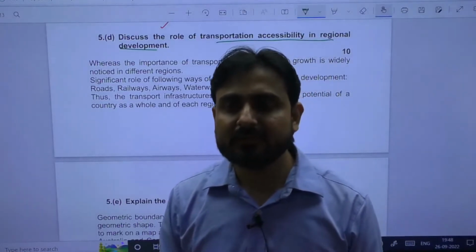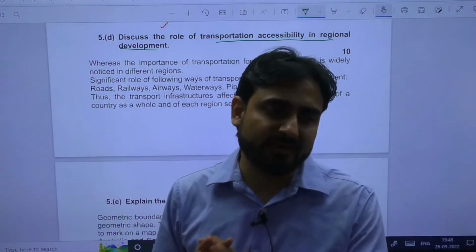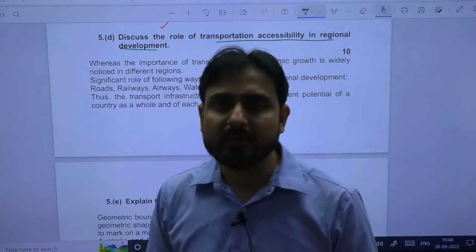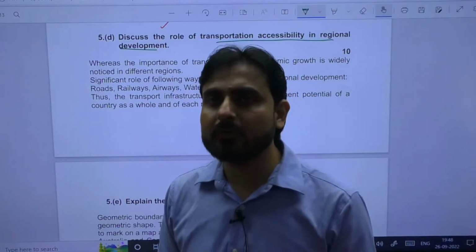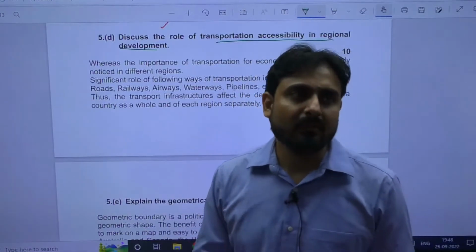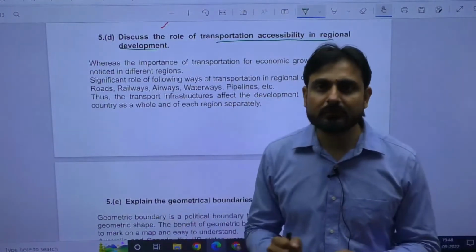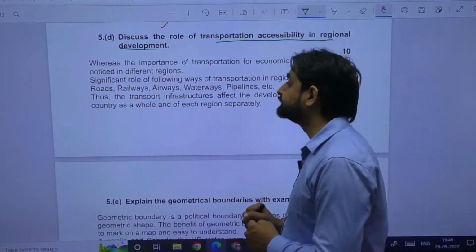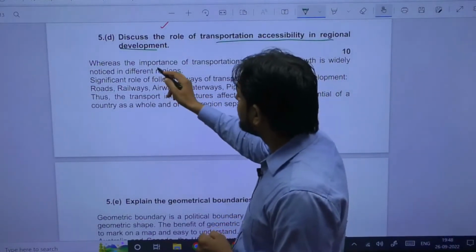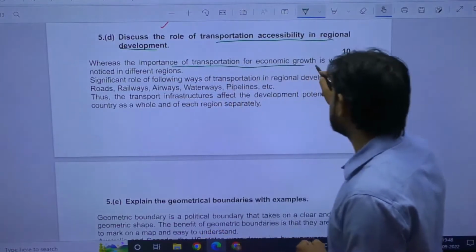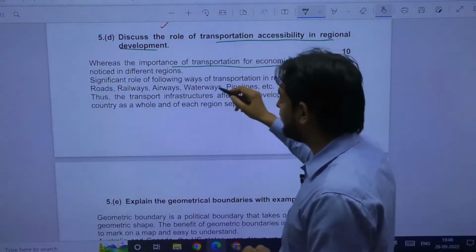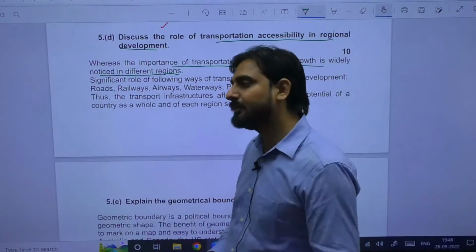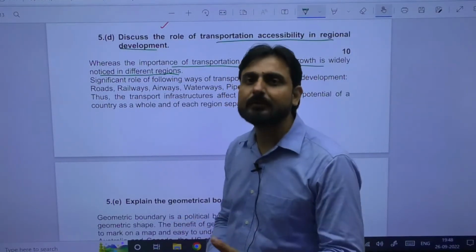We notice good density, we notice rapid development of the market, we notice more and more economic activities, more and more occupation, we also notice more and more growth of different regions. So the importance of transportation for economic growth is widely noticed in different regions. Better the transportation facility, better the development.